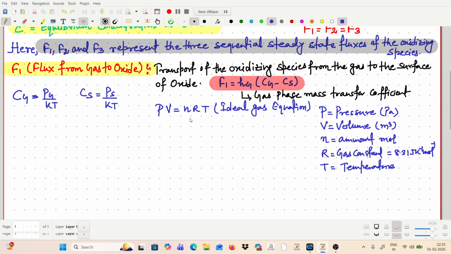So PV equals nRT. I am just going to solve this one: why Cg equals Pg by kT.